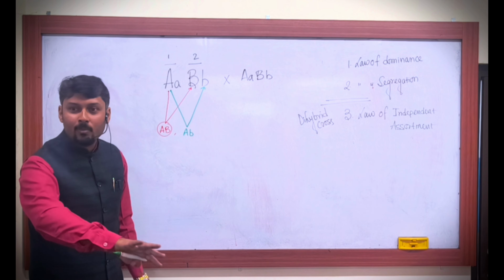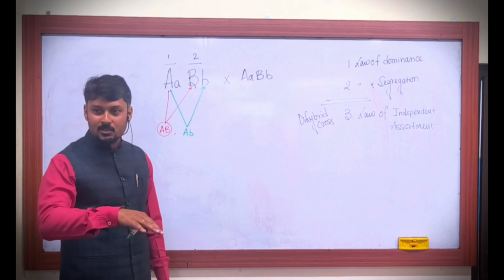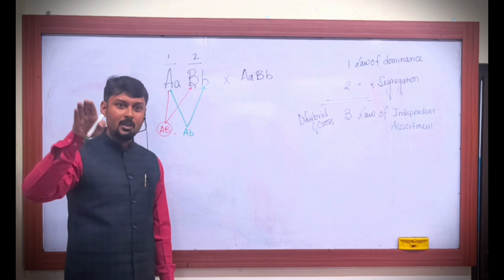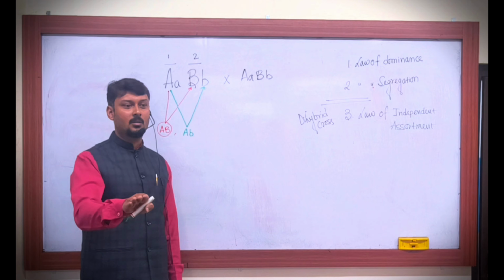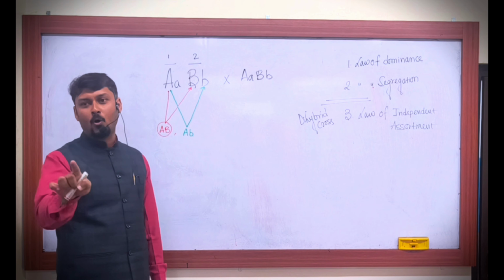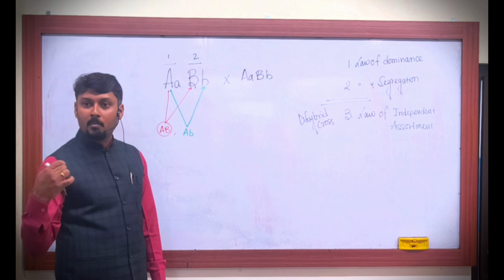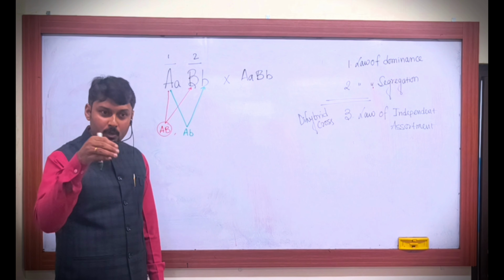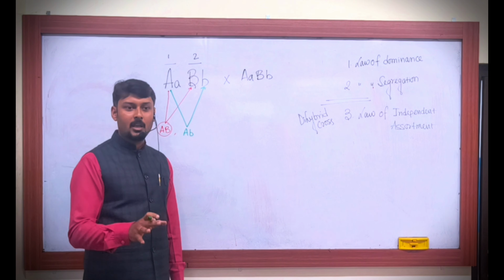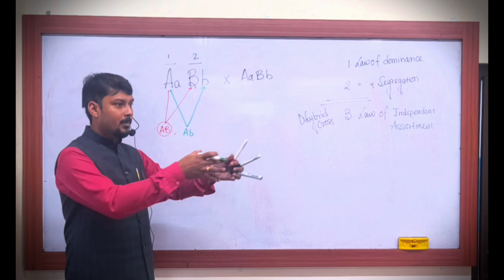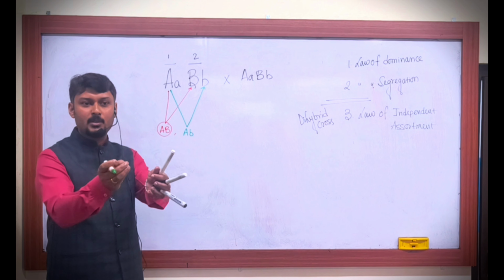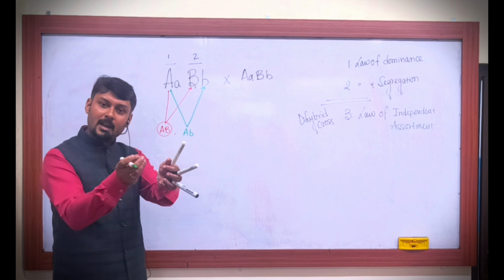We cannot form the gamete between ourselves because we are the same gene. The same gene cannot form a gamete within itself. That means gamete formation within the same gene is never possible. Then how can we form it? Capital B will be separated, small b will be separated. That way you can form it.